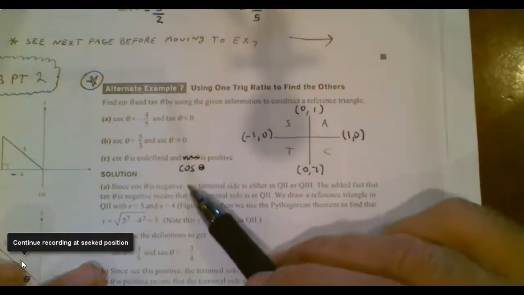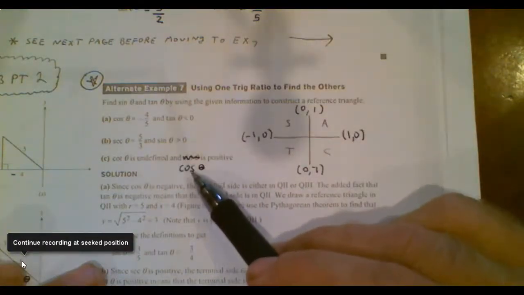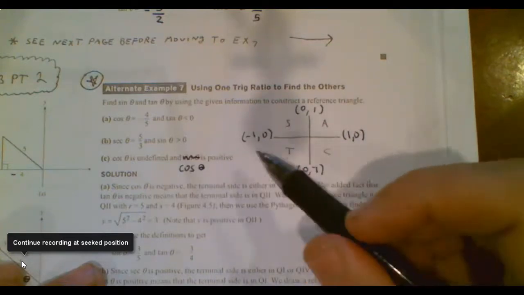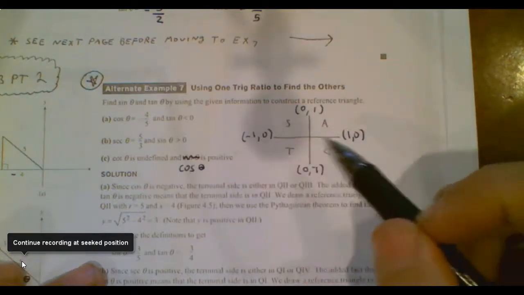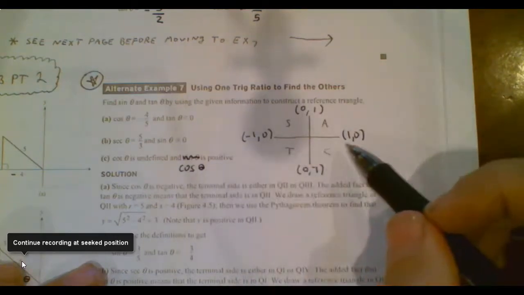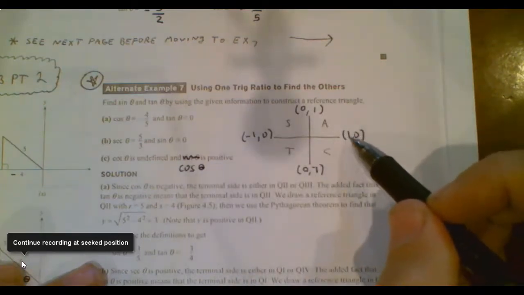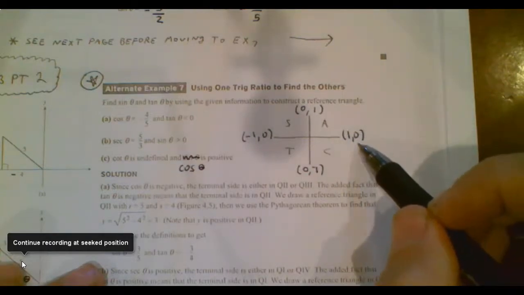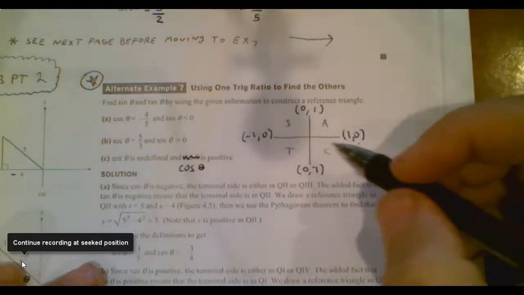So cosine is our x's, because cosines move left and right, as we've been talking about. So as I look at those 2 points, how do I know which one to refer to? Well, if my cosine is positive, here's where my cosines are positive as we move to the right. So they must be referring to this point right here. So now I could link that to all my other relationships if I just look at this.